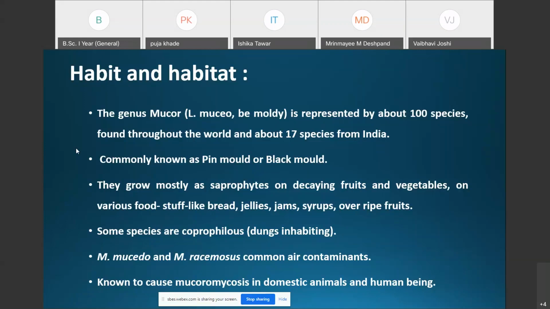Mucor is popularly and commonly called the pin mold or the black mold.